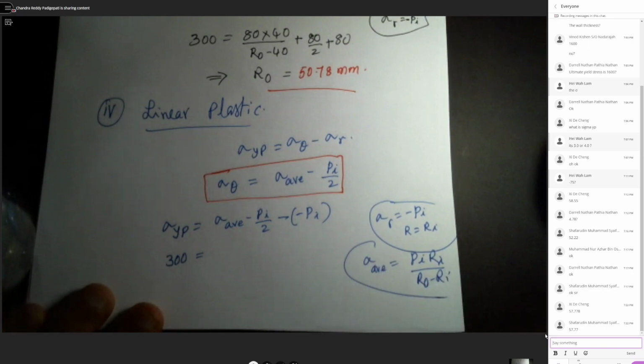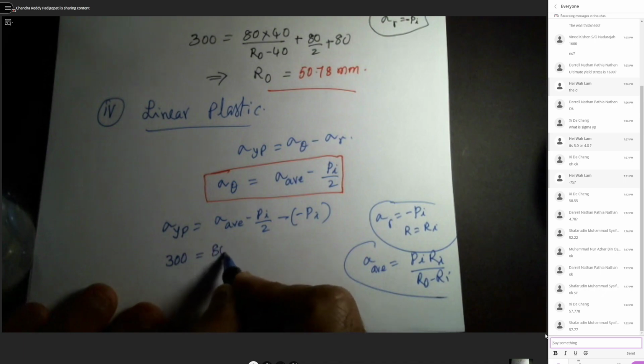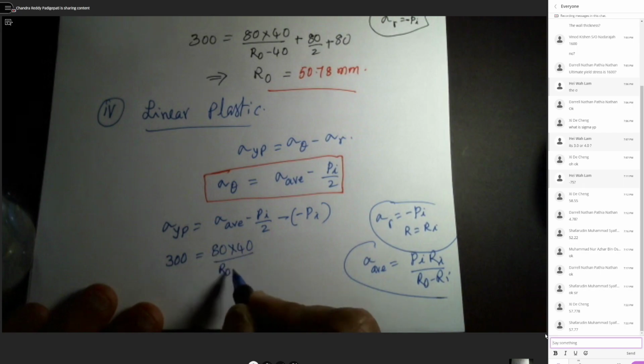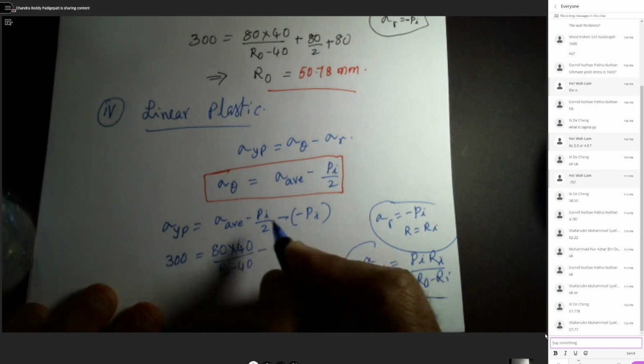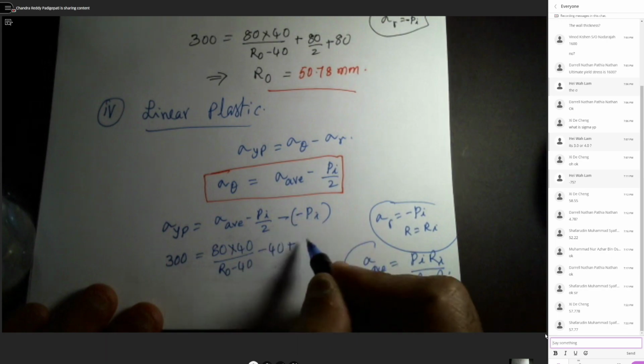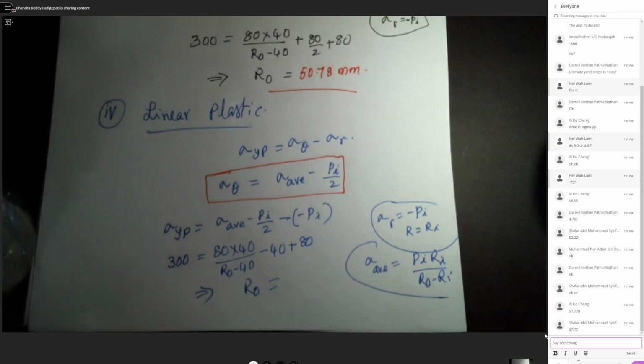So we write the internal pressure 80, ri 40, so Ro minus 40. Pi by 2 is minus 40, so this will be plus 80. So calculate the outer radius.